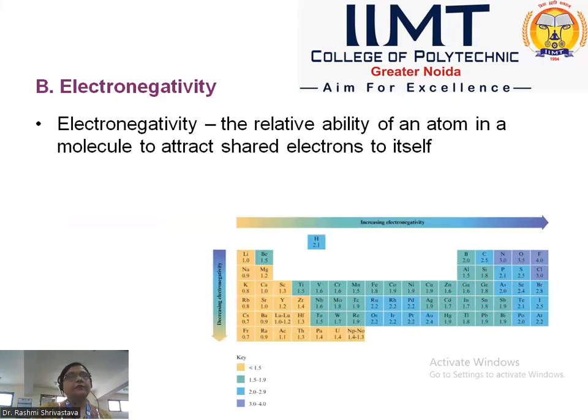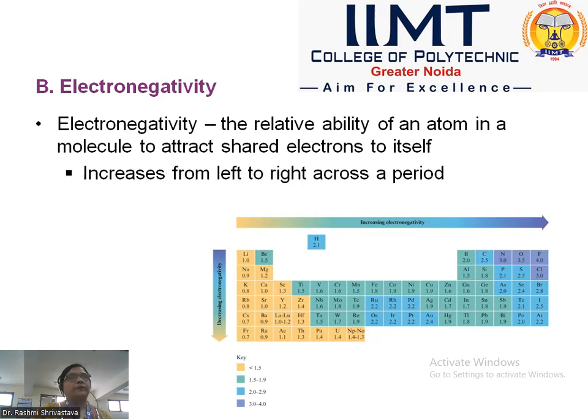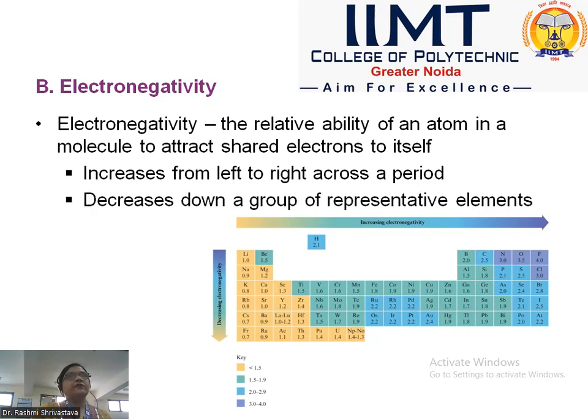In the periodic table, electronegativity increases from left to right and from down to up. It increases from left to right across a period and decreases down a group of representative elements.